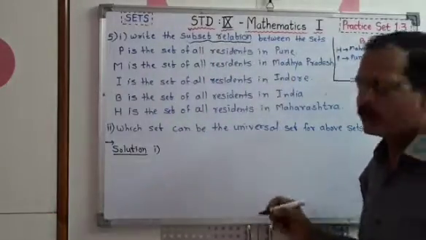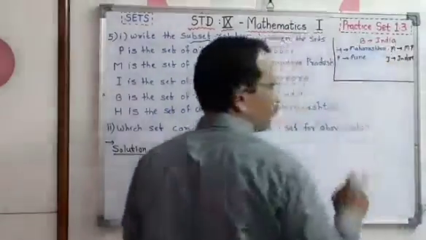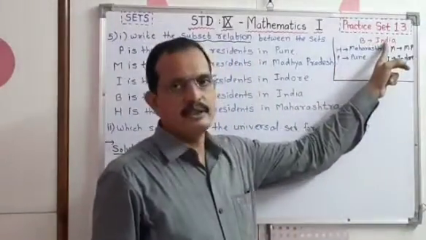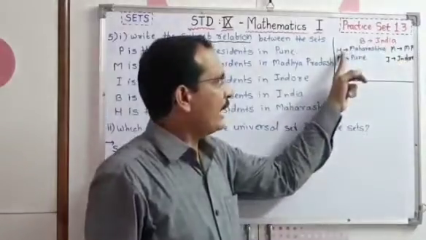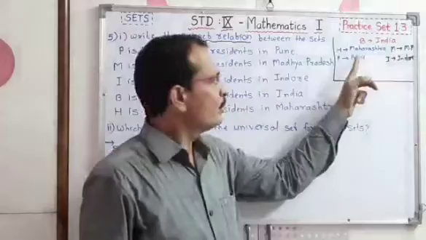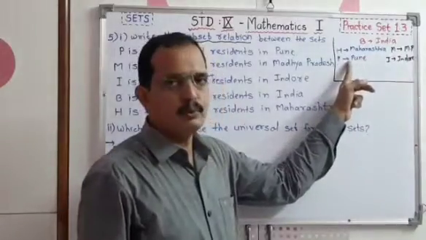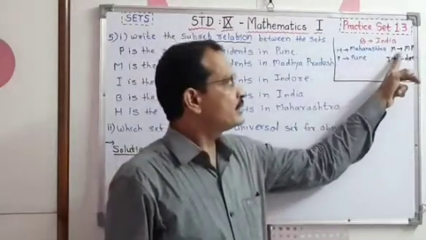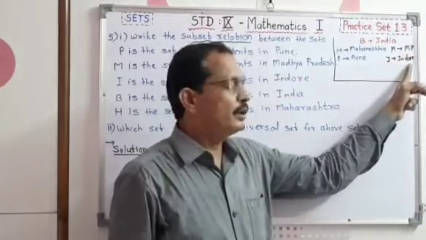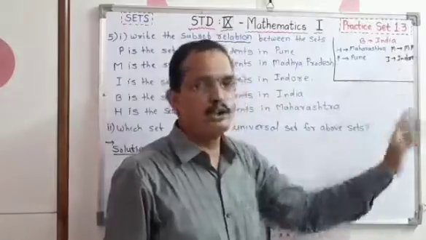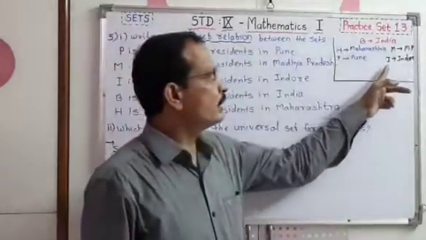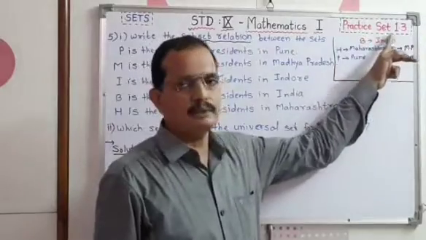For better understanding, I write here. See here, B is the set of residents in India. H is the set of residents in Maharashtra. P is the set of residents in Pune. M is the set of residents in Madhya Pradesh. And I is the set of residents in Indore. Now all of you know that among all these 5, B is the biggest set.